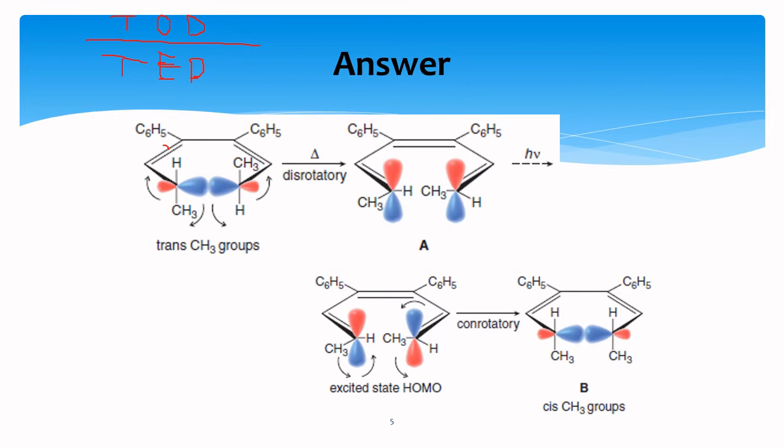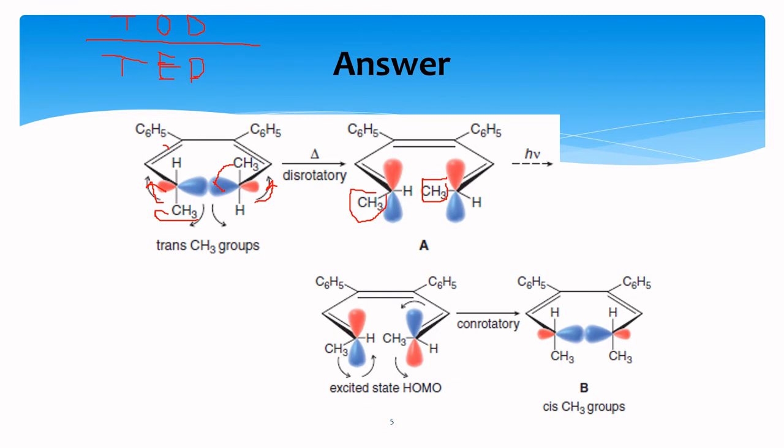In this case, because it is disrotatory, one will go clockwise, one will go counterclockwise. So the CH3 will reside here, and another CH3 will go here. So we end up having this product.